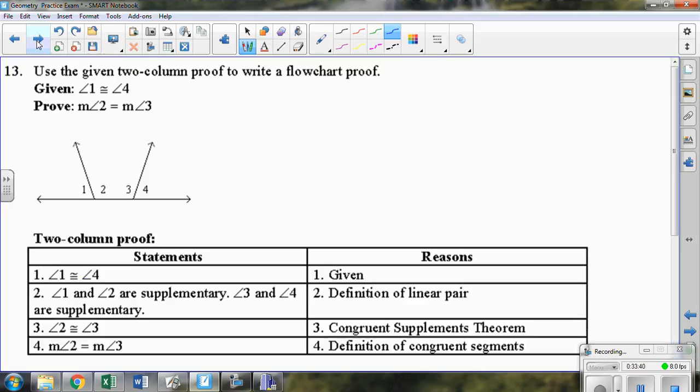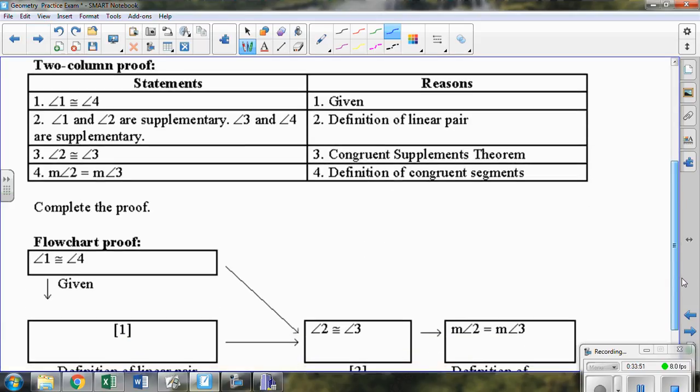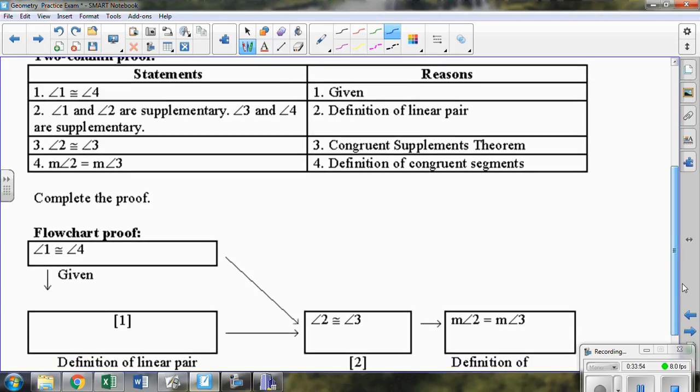Problem 13, use the 2-column proof to write a flowchart proof. So what it's asking us to do is to convert a 2-column proof into a flowchart proof.